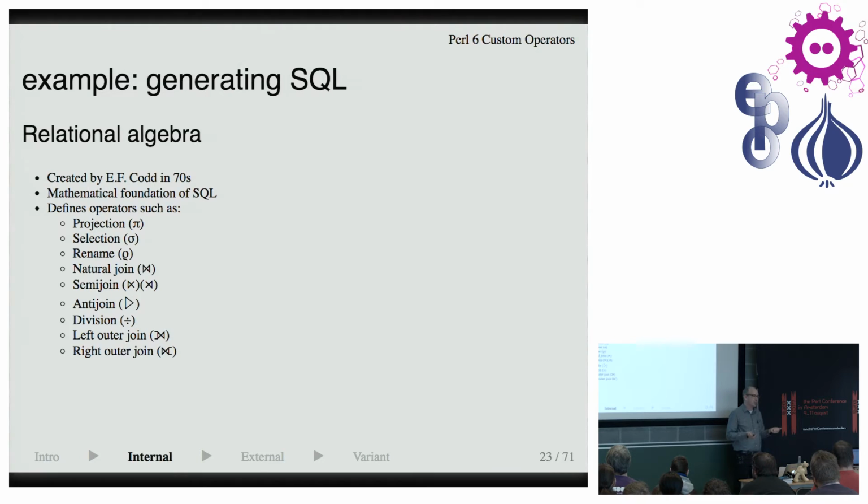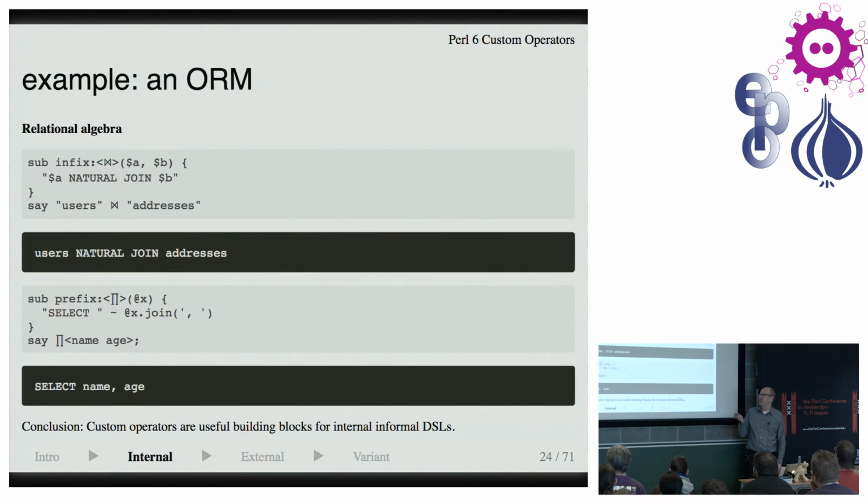So what we could do in Perl 6 is, instead of inventing something new, reuse some of these operators that already have well-defined semantics for querying data. So, for instance, we could have the infix bow tie operator make a natural join, and then you could say users join addresses like that. And in fact, you wouldn't be making up something new because there's already precedent for the way these operators behave.